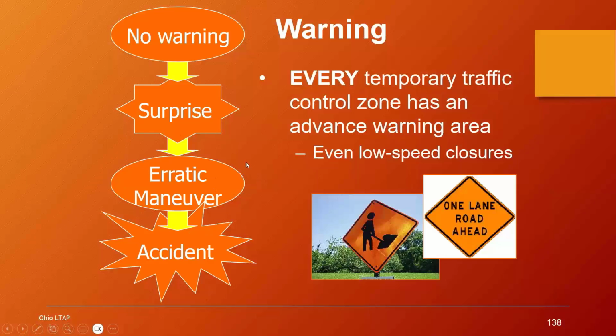So remember, we're dealing with the laws of physics here. Motorists cannot stop on a dime, and so we need to provide the proper advance warning and use all the uniformity with that advance warning area. A series of signs, the size of the signs, the spacing of the signs, the retroreflectivity of the signs, all of that stuff. Very important.